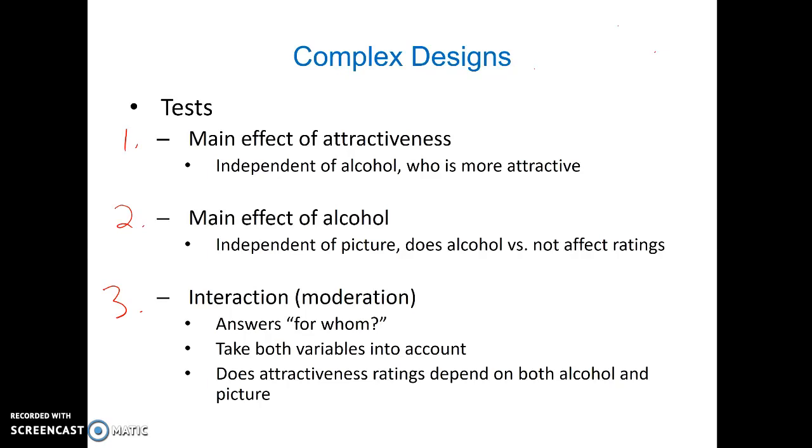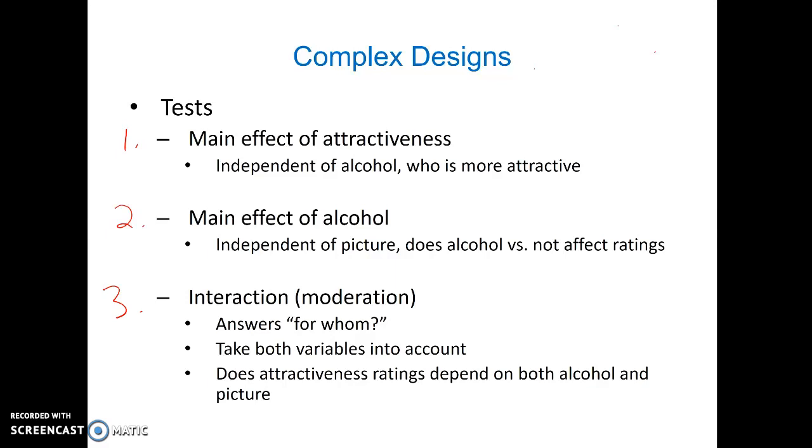And that's because we know that the world is a multivariate place, and the interaction takes both independent variables into account. Remember what we said about the beer goggle effect? We said that the most attractive ratings will occur when the model's attractive and you're drinking alcohol, both variables at the same time. Now, interaction, remember, it's another term for moderation. We're going to use those two terms interchangeably.